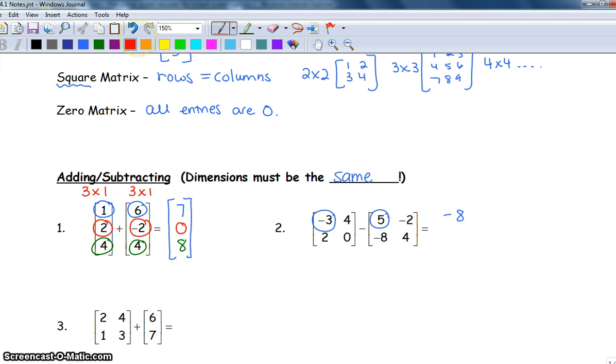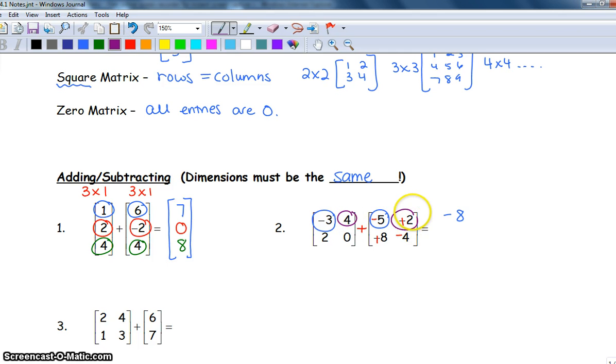The only problem with using that method is a lot of times some people will forget to subtract each time and you'll just add the entries. So what I would suggest doing is from the very beginning change the minus to a plus and then add a negative. So the positive 5 becomes a negative 5. Negative becomes a positive, negative becomes a positive, positive becomes a negative. That way you don't have to worry about remembering whether you should add or subtract.